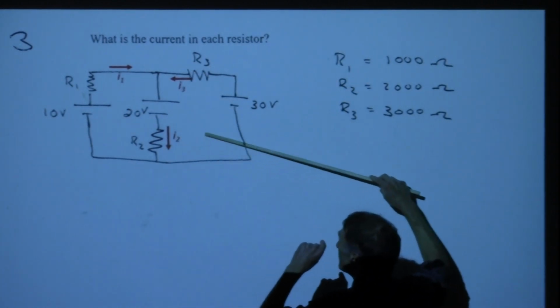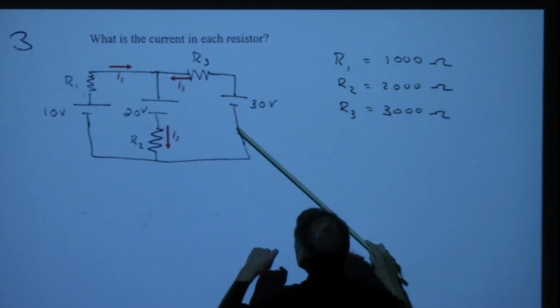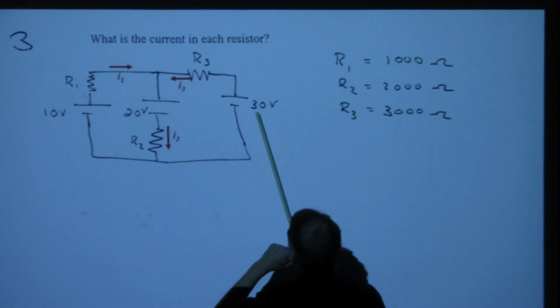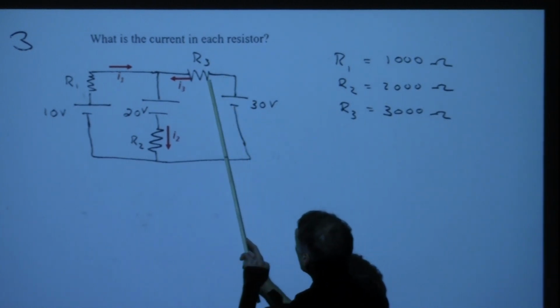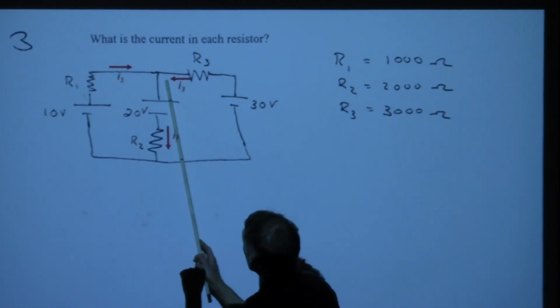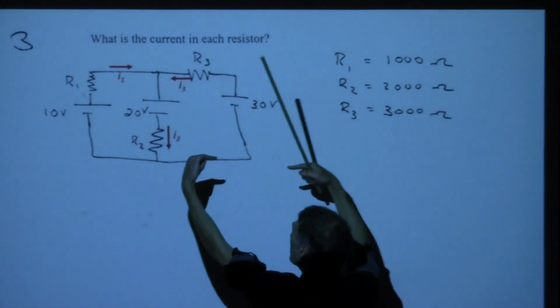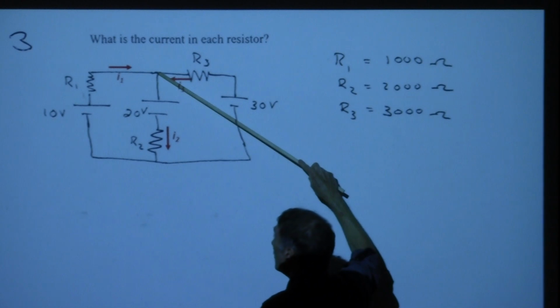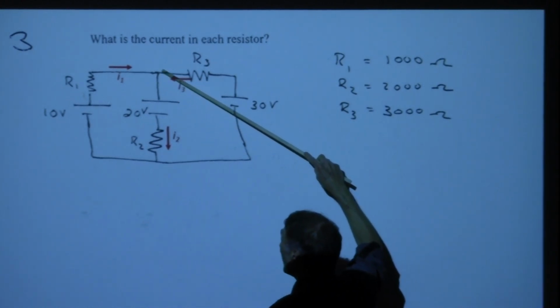Okay. I put in then also I3. I look over here and I say, wow, that's a pretty big battery. This was 10 volts, this is 30 volts. This is plus. Boy, it's got to power things, and it's going to send current in this direction. I'll call it I3. Then I look at this, and we got 2 of them coming into this junction. Can I have another one? This is the plus side of this one, and it should drive current that way.